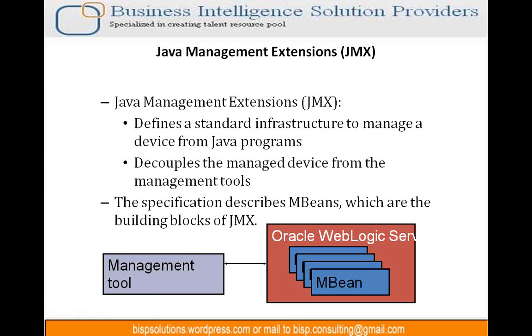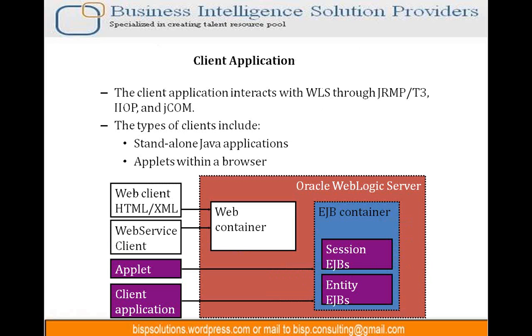Right, now we come to the architecture that we spoke about some time back. The client applications I was talking about, such as applets, web service client calls, and any web client, interact with WLS or any of the application servers through protocols like T3, IIOP, and JCOM.